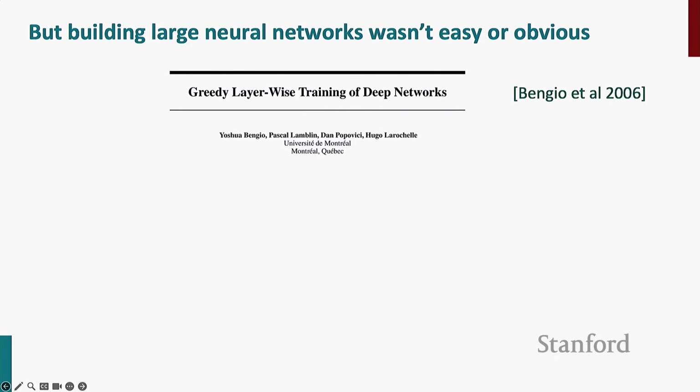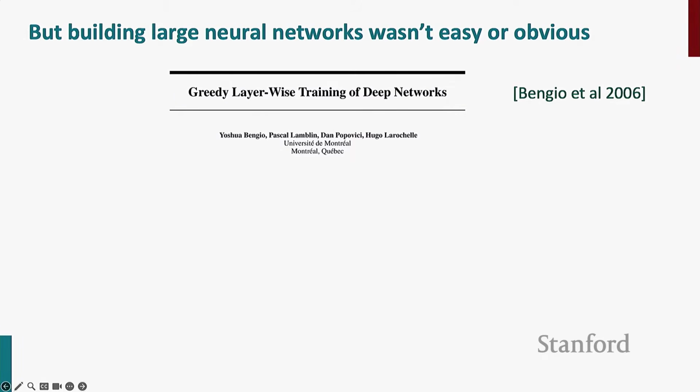Geoff Hinton and colleagues made famous the backpropagation algorithm that we've looked at, and that allowed the training of neural nets with hidden layers. But in those days, pretty much all the neural nets with hidden layers were trained with one hidden layer. You had the input, the hidden layer, and the output, and that's all that there was.